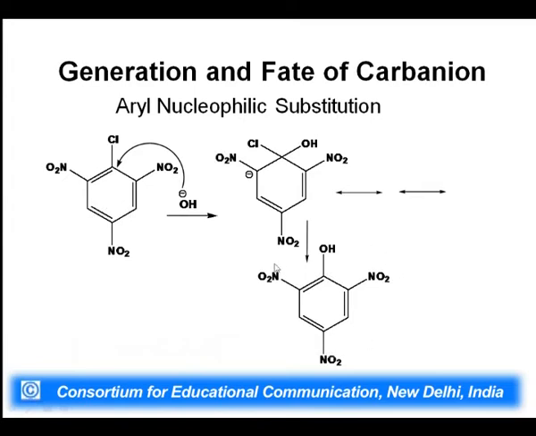So, we get the picric acid kind of system only when the nitro groups are present to a very great extent. So, this reaction would not happen in simple chlorobenzene because there is no stabilization of the carbanion, and in the case of simple chlorobenzene, if a nucleophilic substitution reaction ever happens, it happens by virtue of another mechanism, which is the benzyne mechanism.